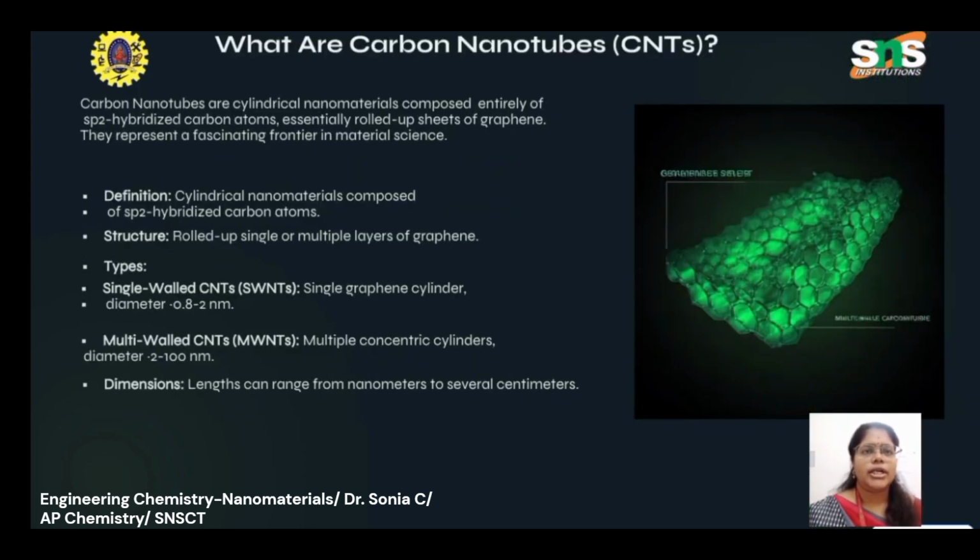While looking at carbon nanotubes, the definition we have already discussed. It is a cylindrical nanomaterial composed of sp2 hybridized carbon. The structure is the rolled up single or multiple layers of graphene. They are broadly classified into two types: single-walled carbon nanotubes and multi-walled carbon nanotubes.